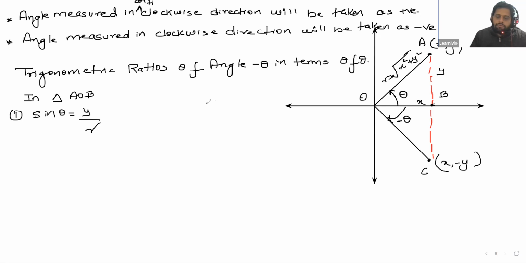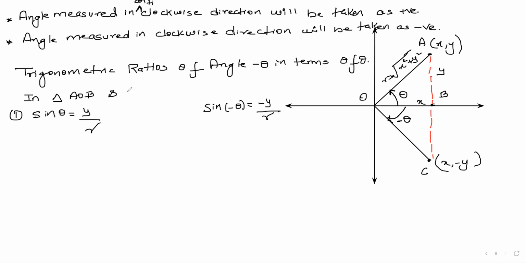Now if we take sine minus theta, in the fourth quadrant the perpendicular is minus y by r. This is triangle OBC.